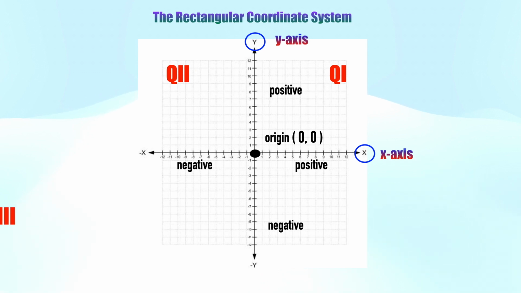This is the third quadrant. This is the fourth quadrant. The quadrants are labeled Quadrant I, Quadrant II, Quadrant III, and Quadrant IV, starting from the upper right of the plane, going counterclockwise. No? Going counterclockwise yan.